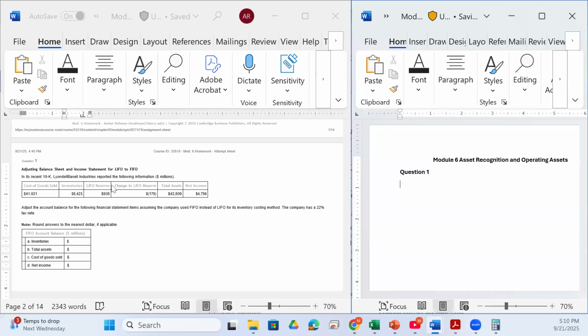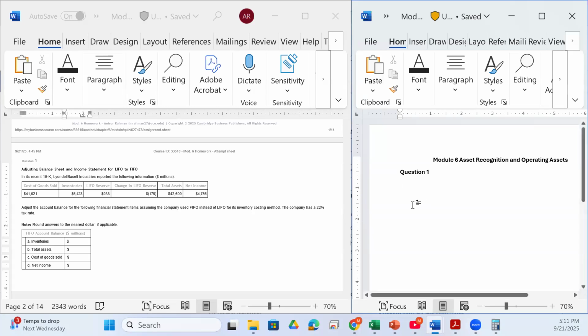So we have this information for a company, and we have to adjust the account balance for the following financial statement items, assuming the company used FIFO instead of LIFO. So the company, this information is under LIFO. We have to convert for FIFO.